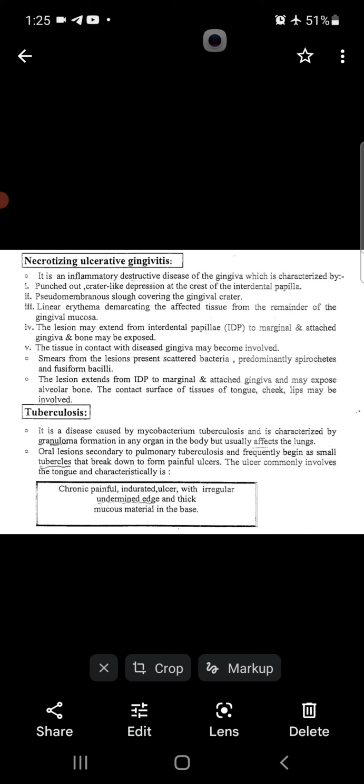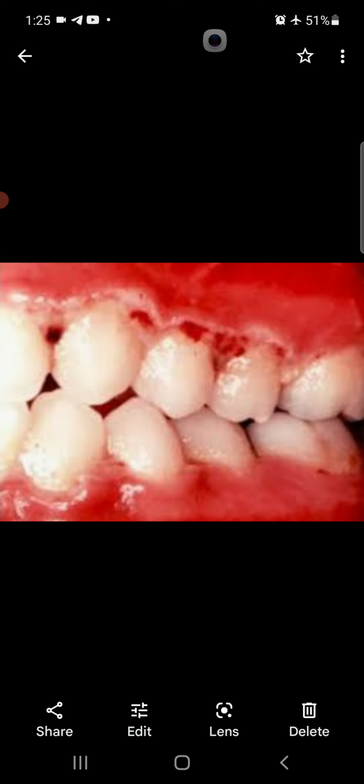Now, necrotizing ulcerative gingivitis is an inflammatory destructive disease of the gingiva, which is characterized by, number one, a punched out crater-like depression at the crest of the interdental papilla, meaning the part of gingiva present between two teeth.